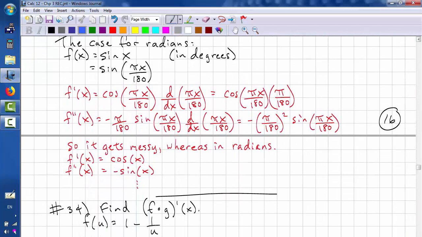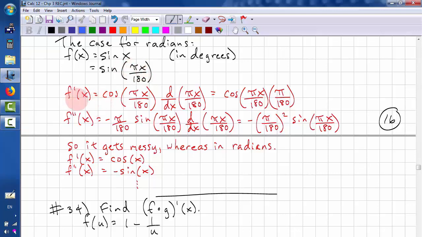Now, why do we want to work in radians instead of degrees? Okay, when we're doing the derivative of the trig functions that we did last time, it's all in radians. So if we're in degrees, we have to convert it to radians, and we get this formula.